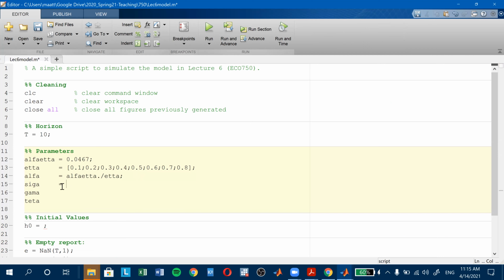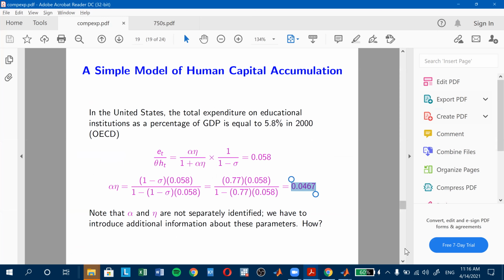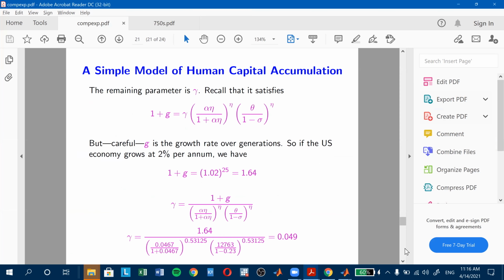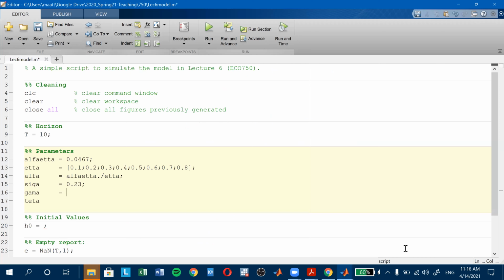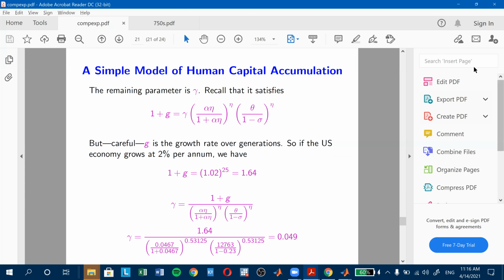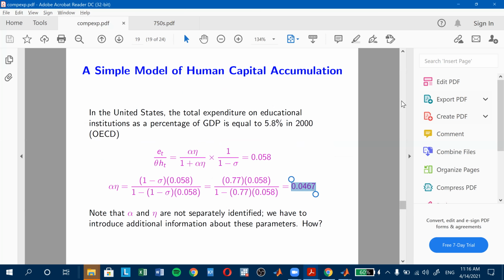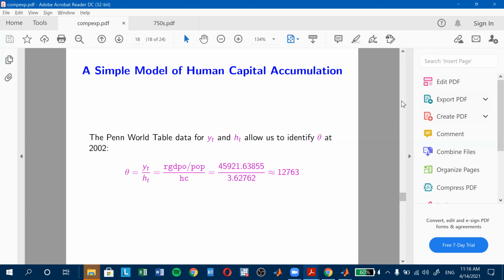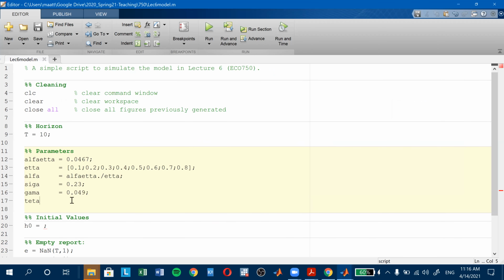Now remember what sigma is equal to. Sigma was equal to 23%. Gamma is equal to 0.049. And theta was equal to some large number, 12,000.